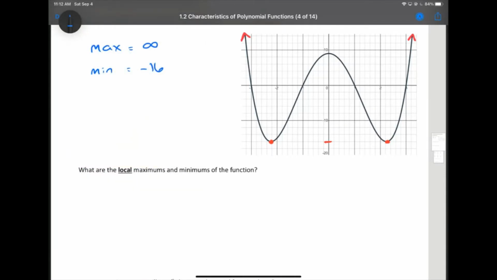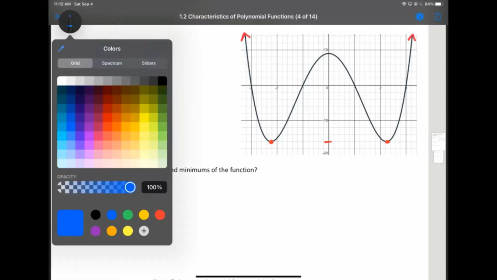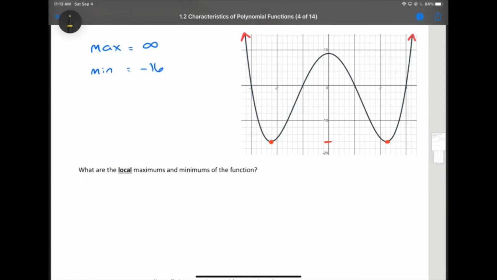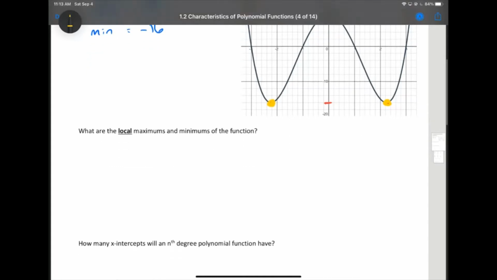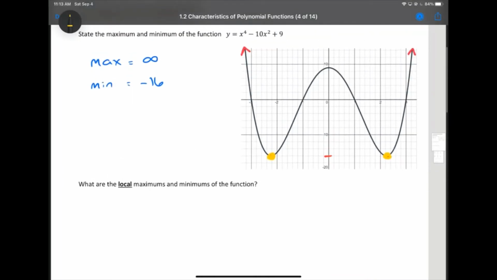And we have some local maximums and minimums. Basically, they're the same as the other ones, or at least two of them are the same. That one there and that one there. Not only are they absolute minimums, they are local minimums. But we do have one local maximum that did not occur before.